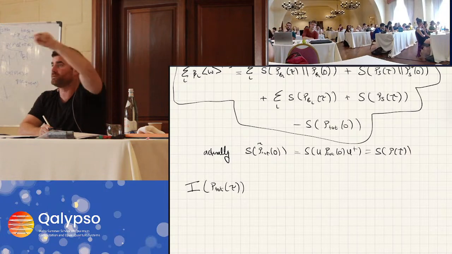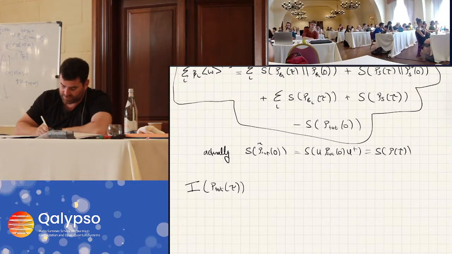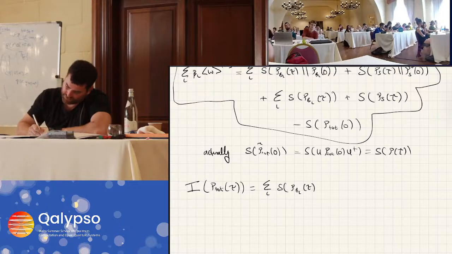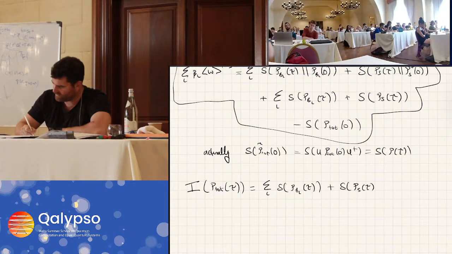all the baths together, is defined as the sum over L of S of rho beta L tau, plus the entropy of the system at time tau, minus S of rho total at time tau.